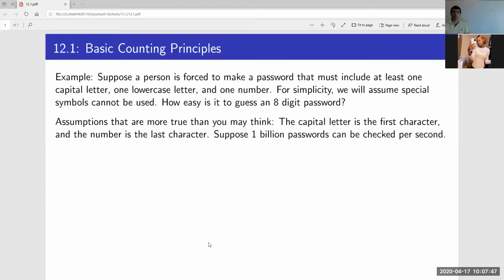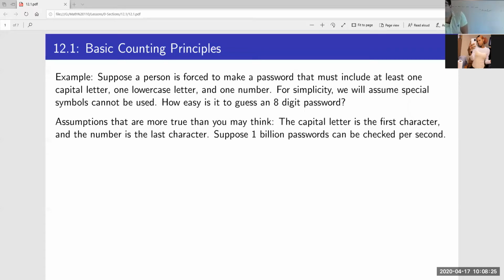And this is what we mean by counting. All right.